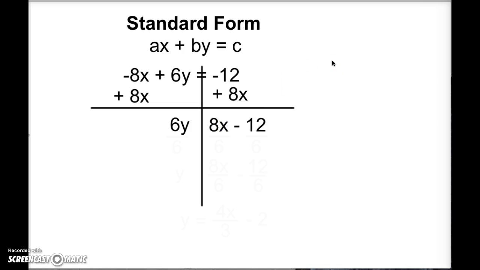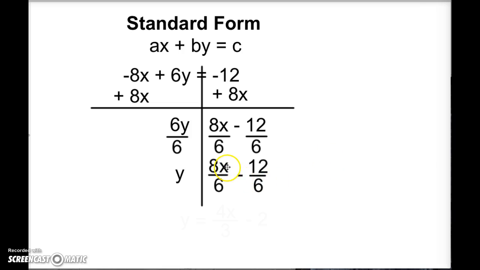Now the last step to solve for y is I have to divide everything by 6. 6y divided by 6 is just going to be y. 8x divided by 6 is going to be 8x divided by 6. And negative 12 divided by 6 is going to be negative 12 divided by 6. Again, I have a minus sign in between.